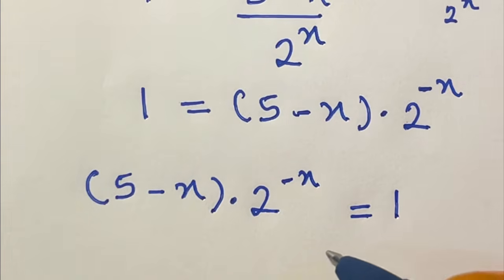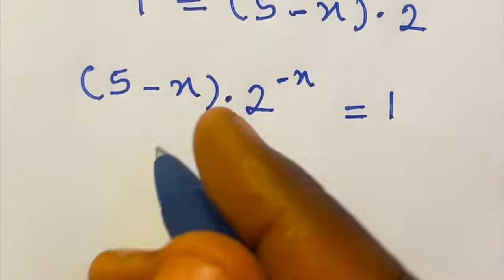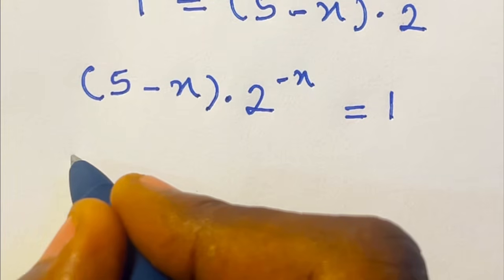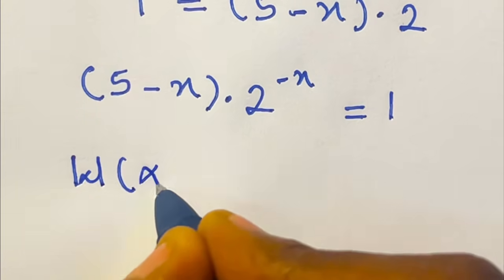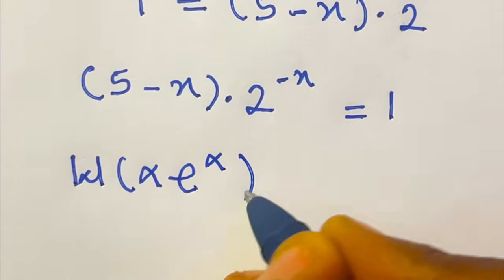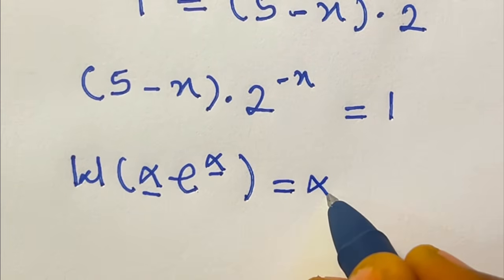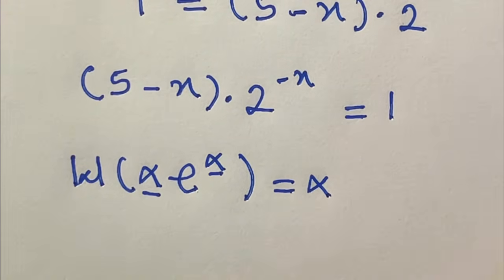But there is something I want us to recall here, that if you have the Lambert function of alpha exponential alpha, meaning that the base and the power are the same, we are going to have alpha. So we call this the Lambert W function.